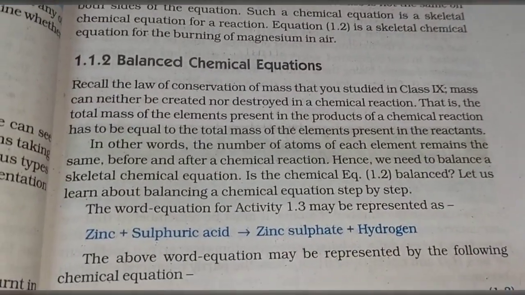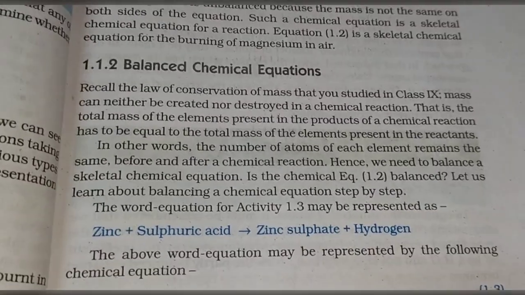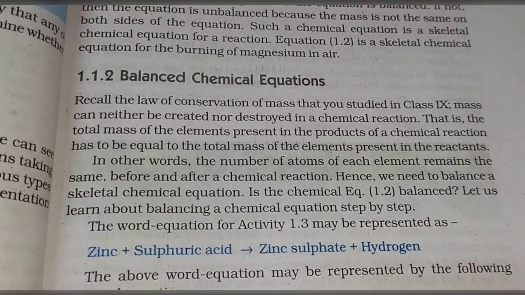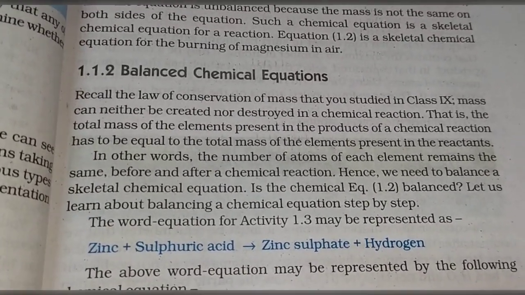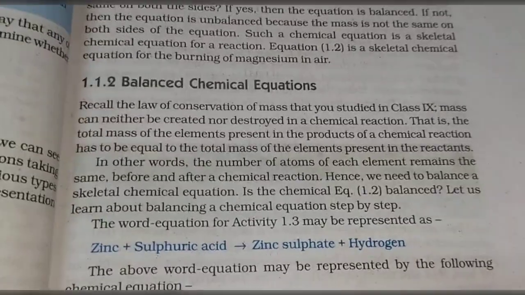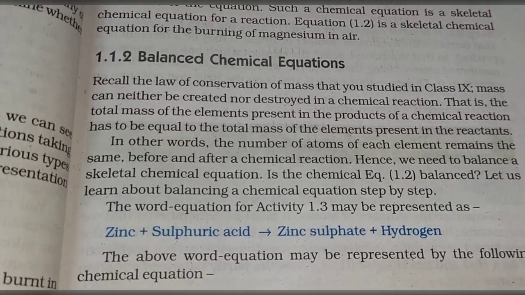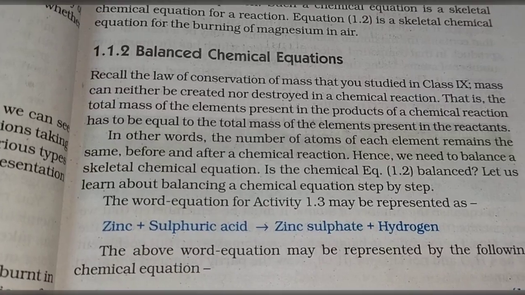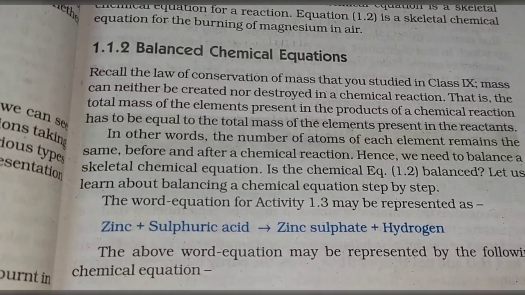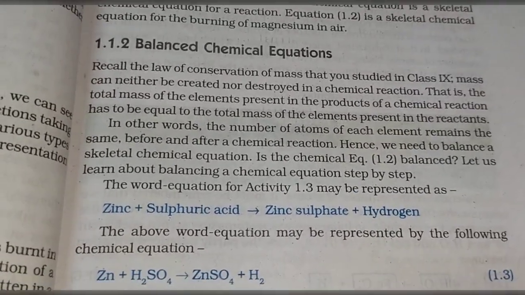So why do we have to balance a chemical equation? Because we already studied in class 9 the law of conservation of mass. That is, mass can neither be created nor destroyed. We cannot create mass, or destroy it, in a chemical reaction.